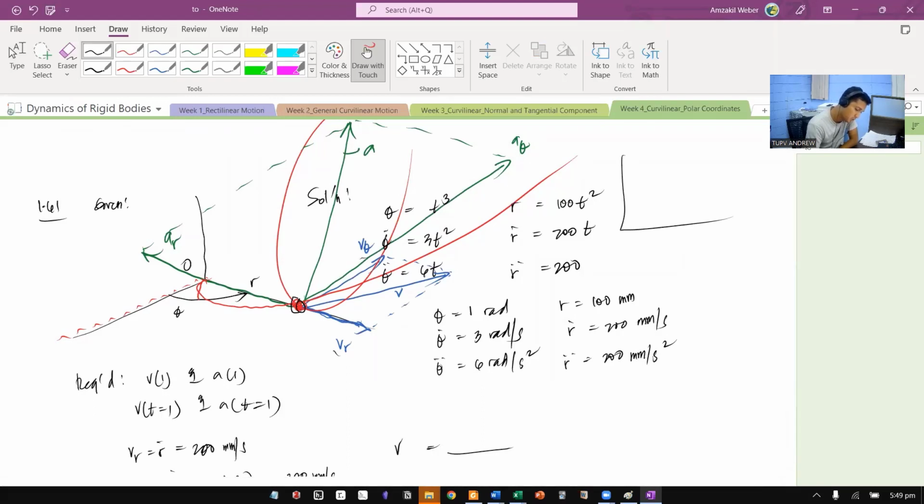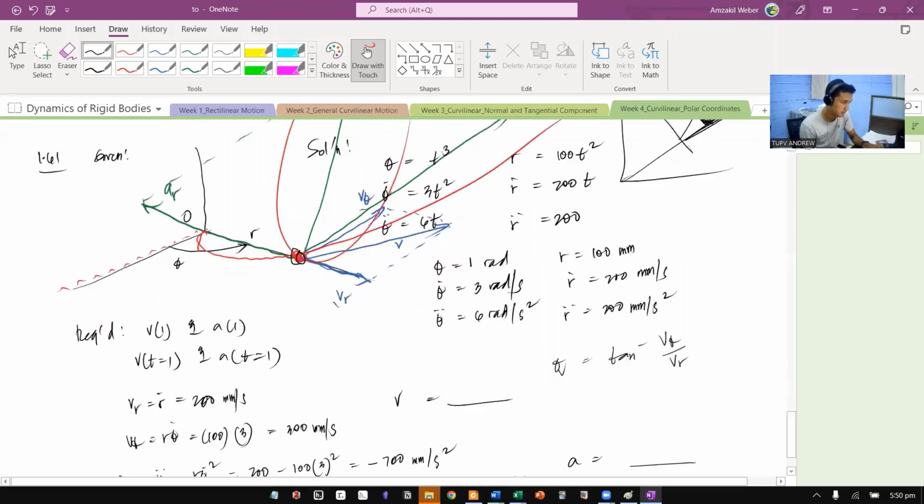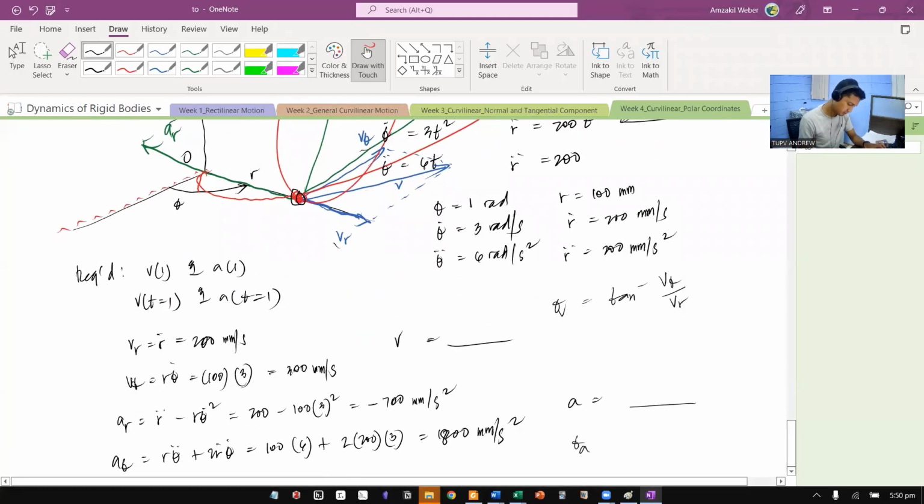With respect to R, our angle for velocity should be arctangent V theta over VR. And our angle for acceleration is arctangent acceleration theta over acceleration R. So, please kindly give me the values of velocity, acceleration, and the corresponding directions.